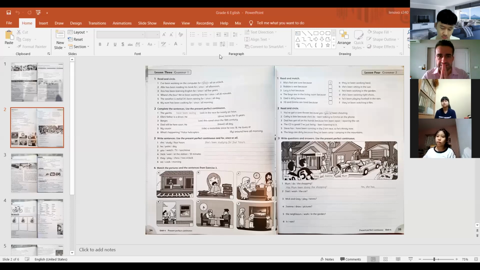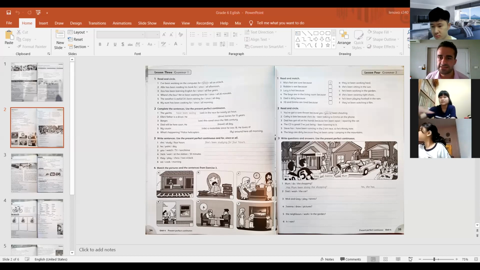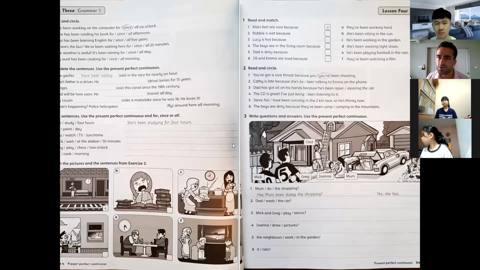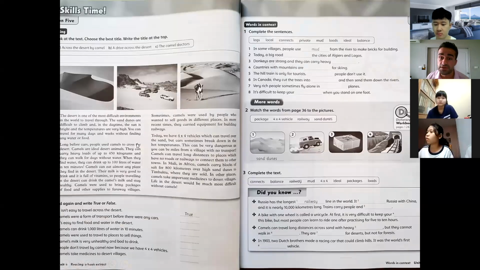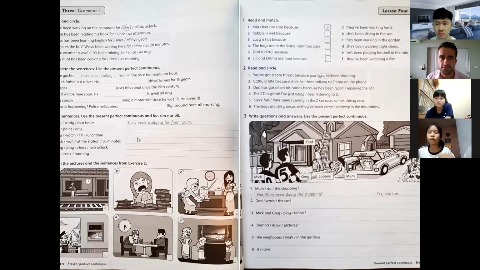Good morning, students. Today we are going to learn the difference between since and for. We use since when we talk about a specific point in time.